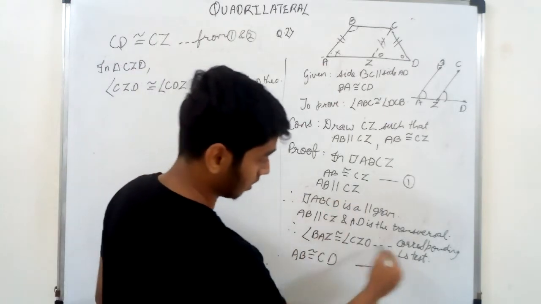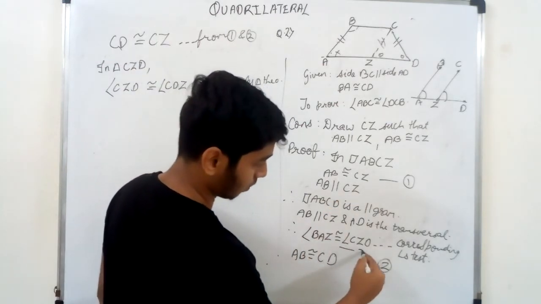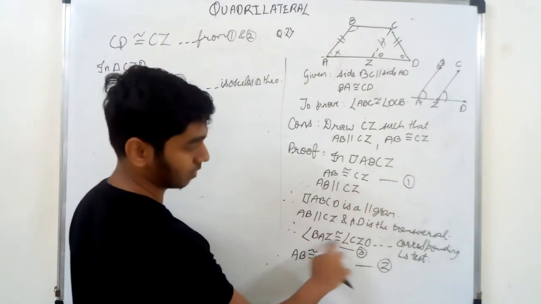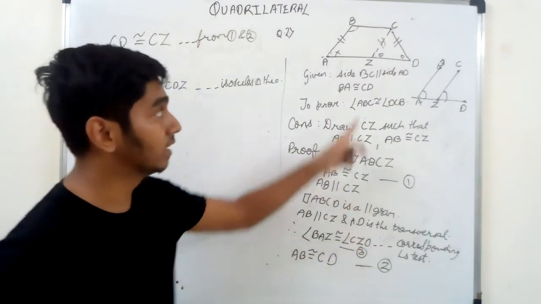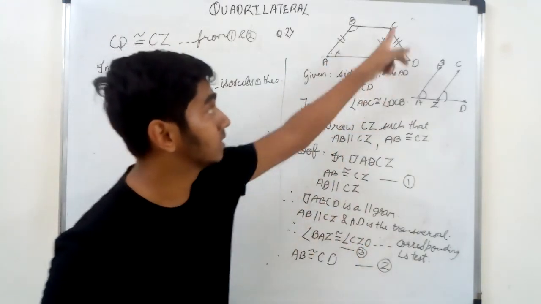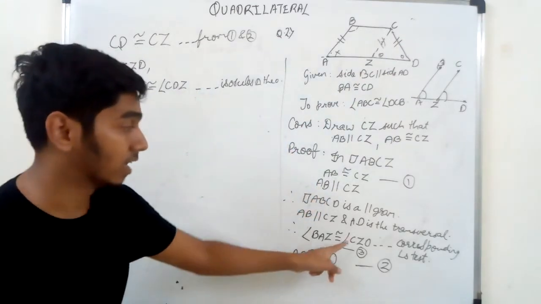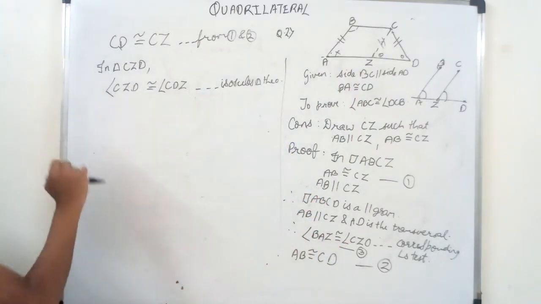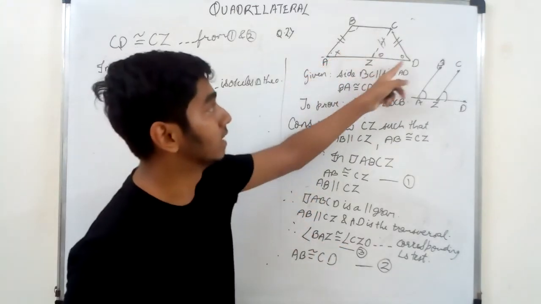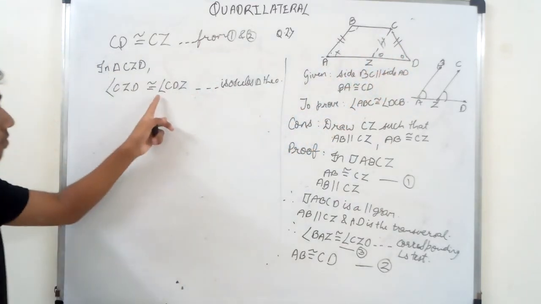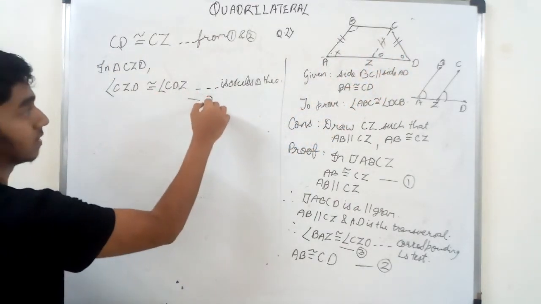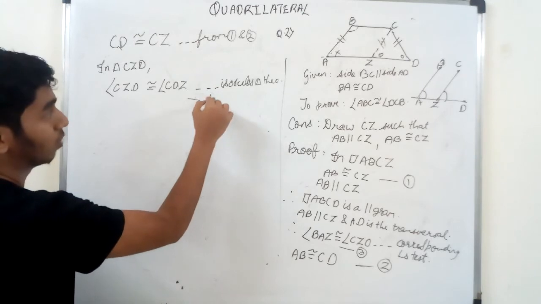Now here let's name this equation as 3. BAZ, AZ and CZD, they are congruent, and also CZD and CDZ. Okay, so let's name this as 4.